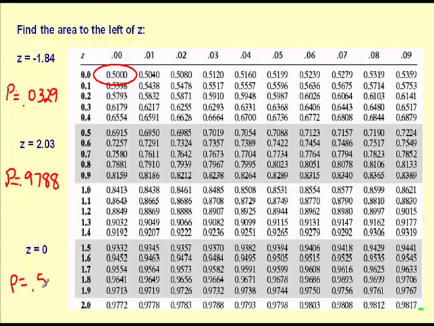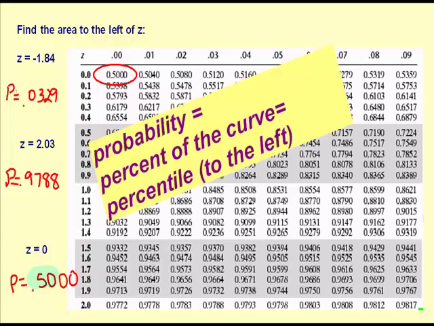Half of the curve is to the left. Half of the curve is shaded. You are in the 50th percentile. One more time. Probability is the same as the percent of the curve is the same as the percentile. Same answer to different questions.